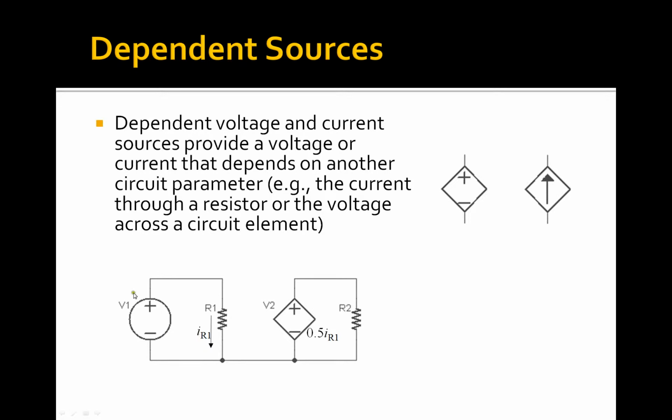So for instance, if we have a circuit that looks like this, we have essentially one possible loop for current to be provided by this voltage supply that's going to pass through this resistive element here. Since this is an independent voltage supply, we know it is going to be a fixed constant value. And if we know the resistance value, we can calculate how much current must pass through this resistive element using Ohm's law.